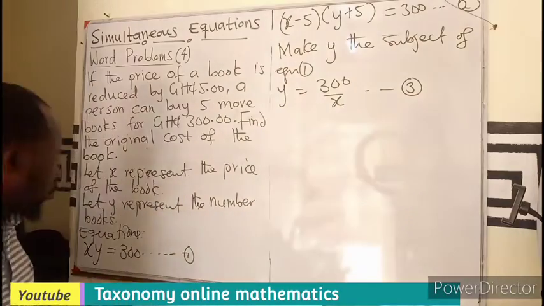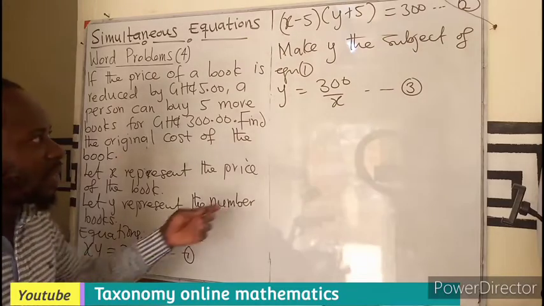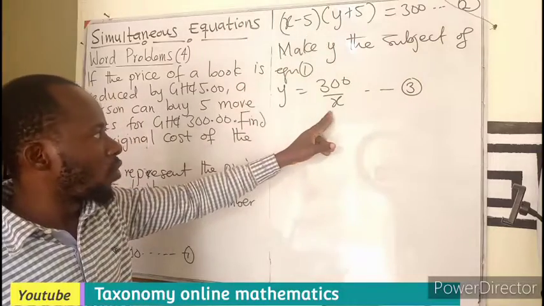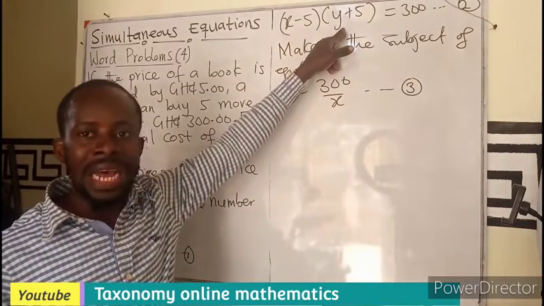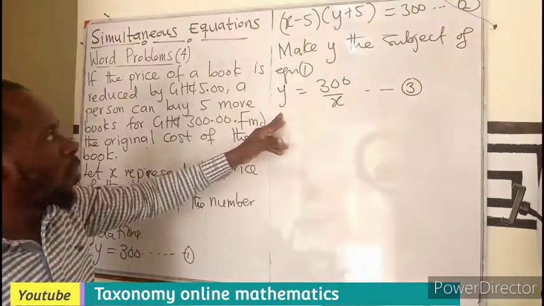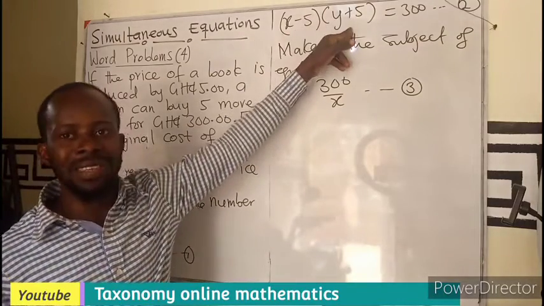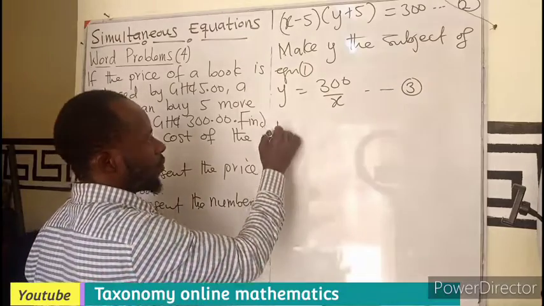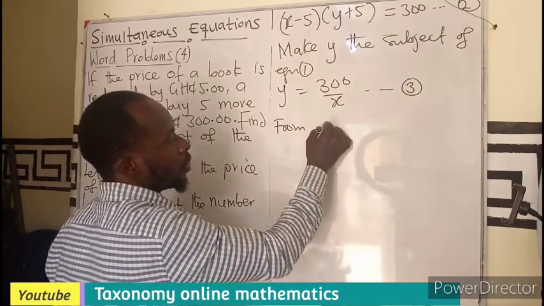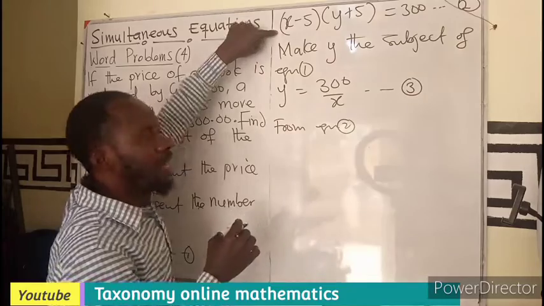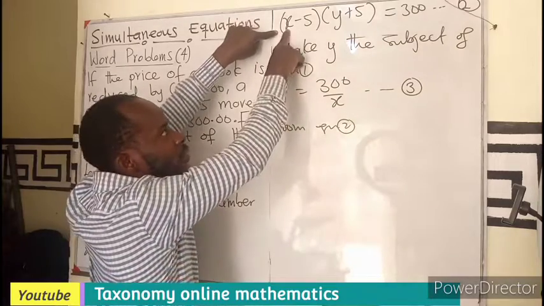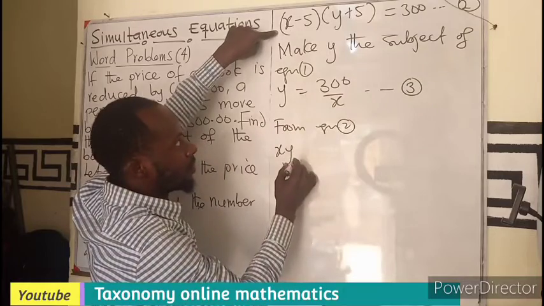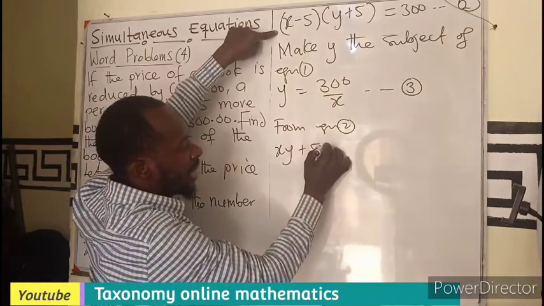So this is the second equation. Now I have altered the first, so this will be put into the second. I can slot this in directly, or I can also try to expand this before, from equation 2 using the FOIL method. x will multiply y to give me xy, x times 5 will be plus 5x.